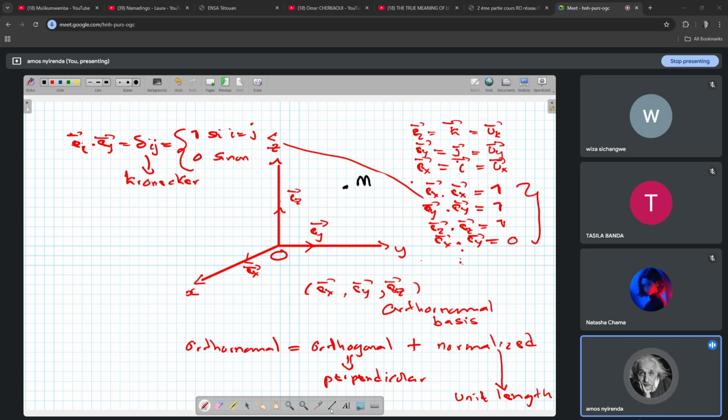So the first thing that we want to do is to draw a line from the origin to this point here. And then the position vector OM here is going to be given by what? Since we are in a 3D space, there will be an x part, a part that is going to have y, and a part that is going to have z. That's right. It's the position vector.